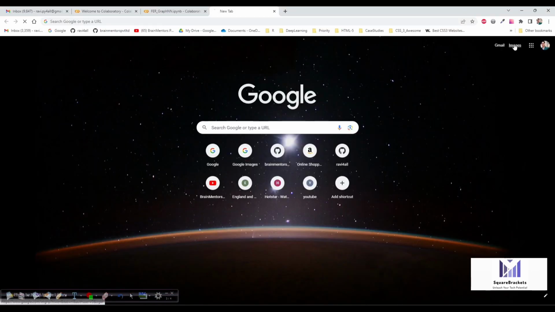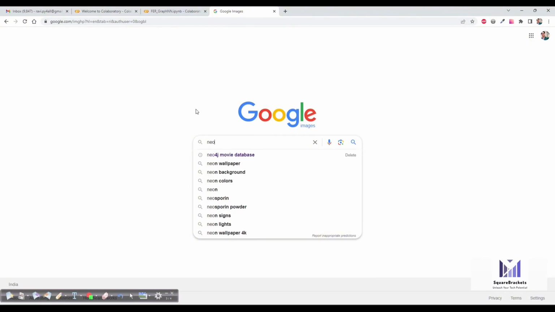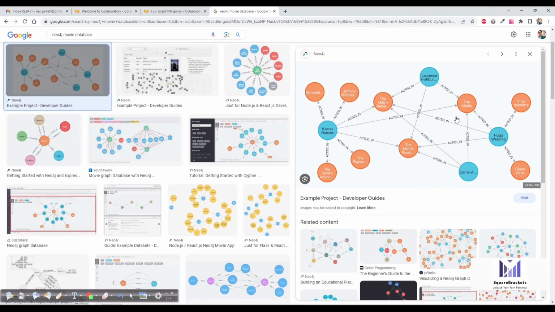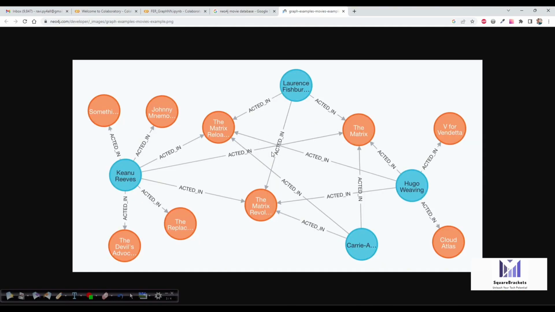You can even search to see how Neo4j looks. See, this is how a graph looks, and this is what the Neo4j data structure is. Let's say Keanu Reeves acted in this movie, this movie, this movie, and this movie. So it's kind of building the architecture, the graph data structure.